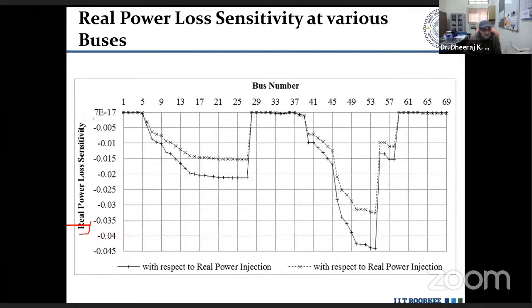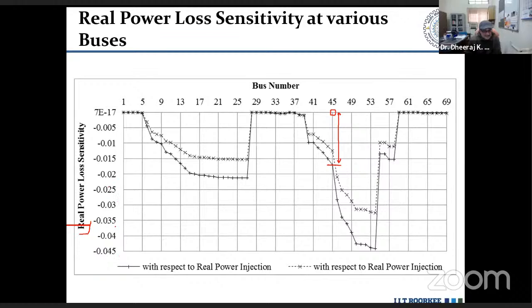Real power loss sensitivity means that suppose we inject a very small amount of power at bus number 45, this much change will occur in the losses of the system.